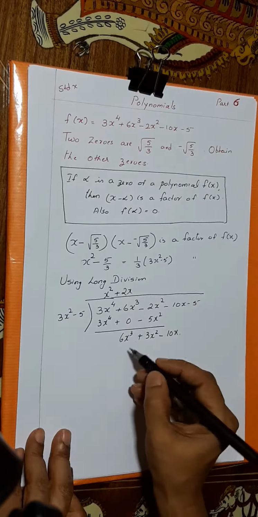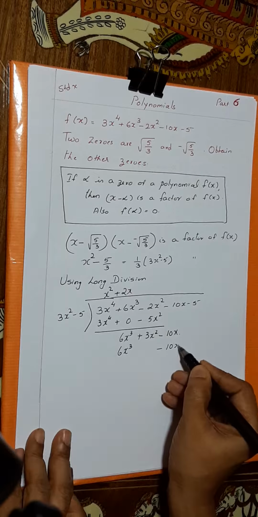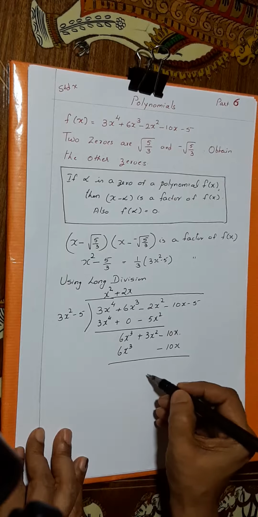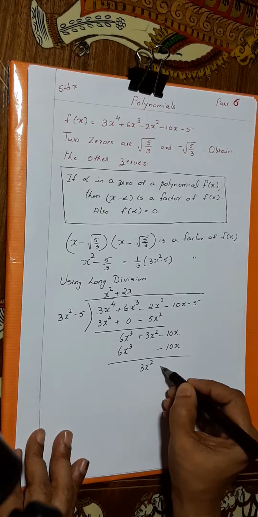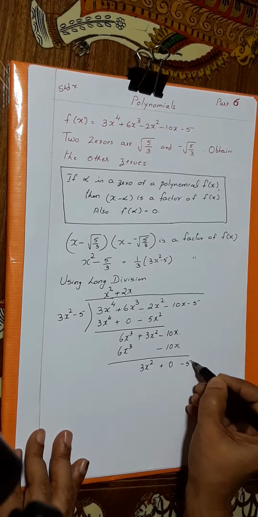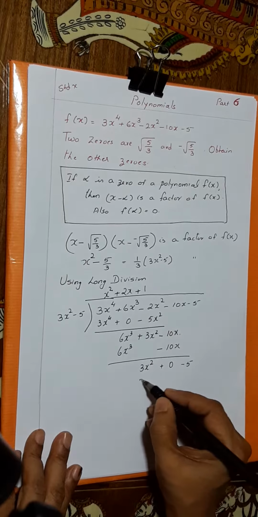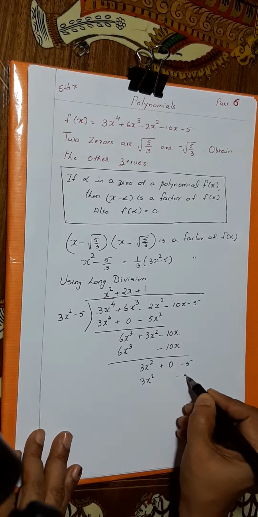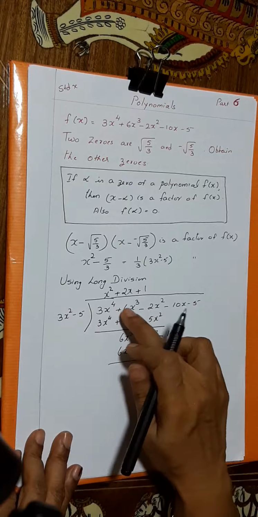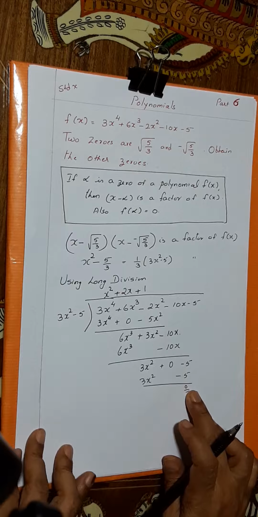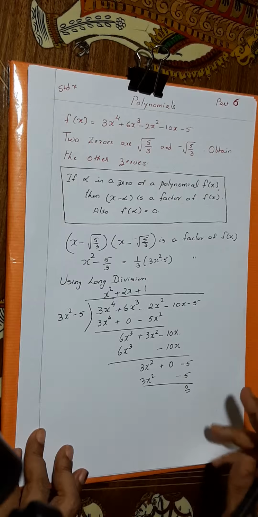So 2 into 3, 6x cube minus 10x. So this 3x squared will come down and this is 0, then minus 5. So plus 1. So 3x squared minus 5. So you get 0. Since this is a factor of this, your remainder has to be 0. So this is one way of checking whether you have done it properly or not.